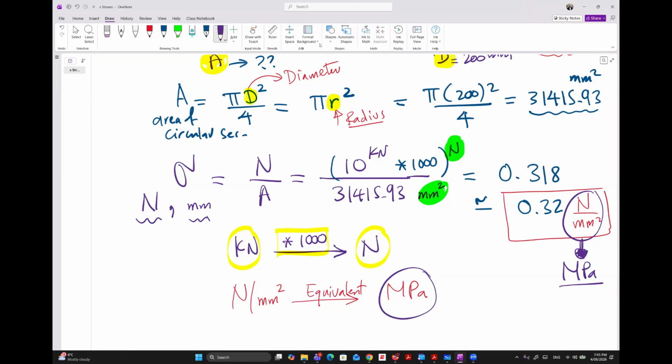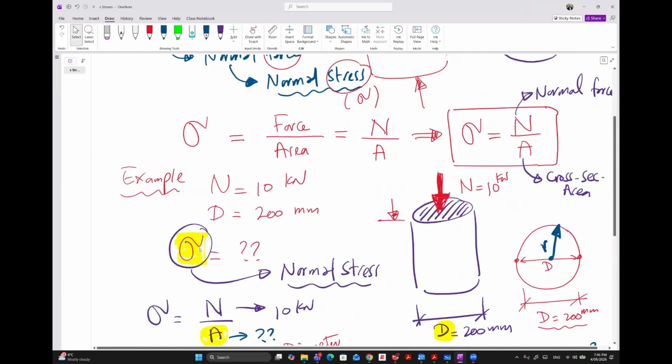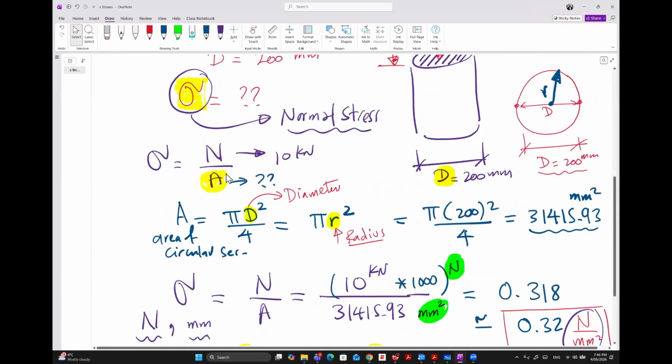And you mentioned before that in the exam we're going to have to find the normal stress before we can work out the rest. Is that what you said? You need to find the stress if it is required. If the stress is required, you need to know the normal force and the area.